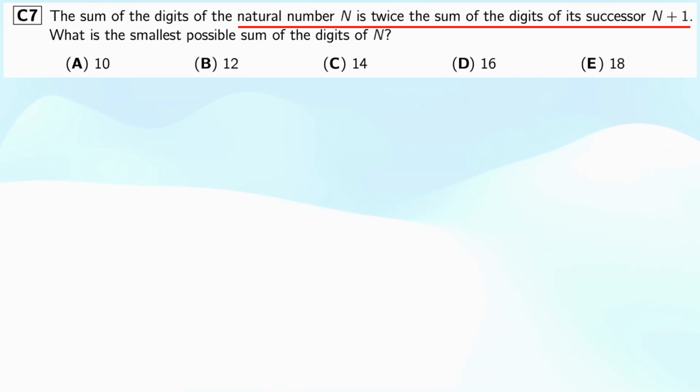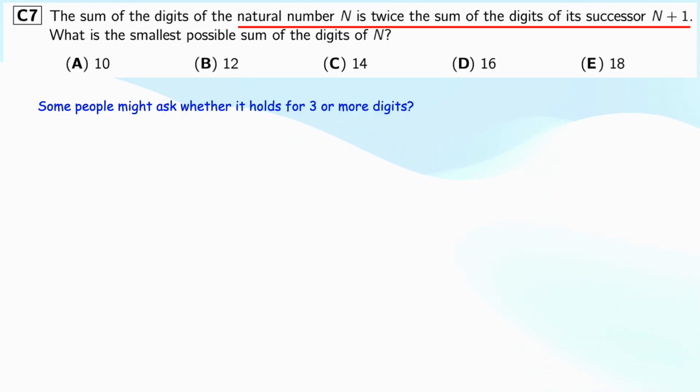But some students might ask whether we just assumed this is a two-digit number. Does it hold for three or more digits? Let's have a look. Suppose n is equal to ab9, then n plus 1 is a, b plus 1, 0.